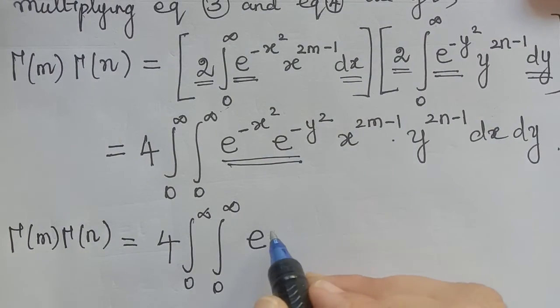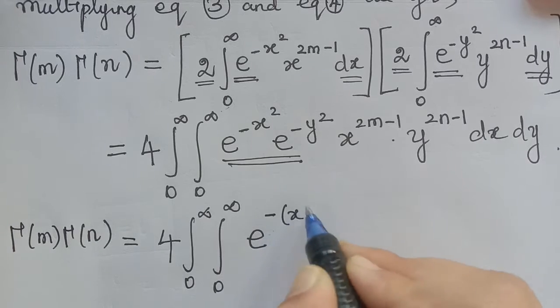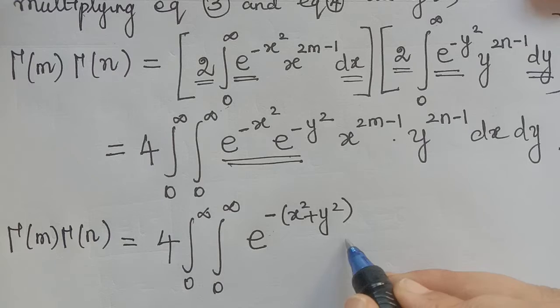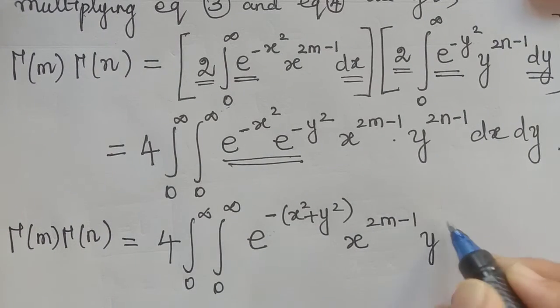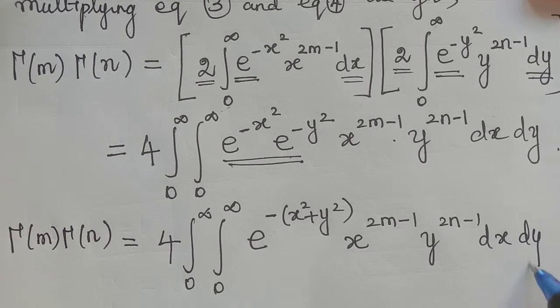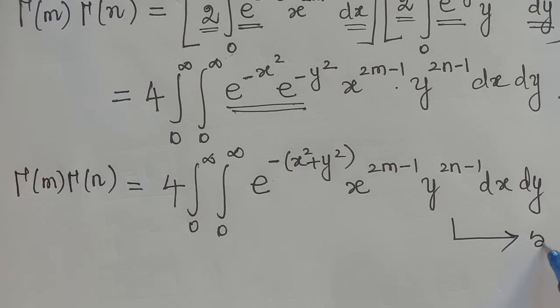So it becomes e to the power, this negative sign I will take in common, and we will be having x square plus y square. And then multiplied with x to the power 2m minus 1, y to the power 2n minus 1, dx dy. And I mark this as equation 5. So all this is equation 5.